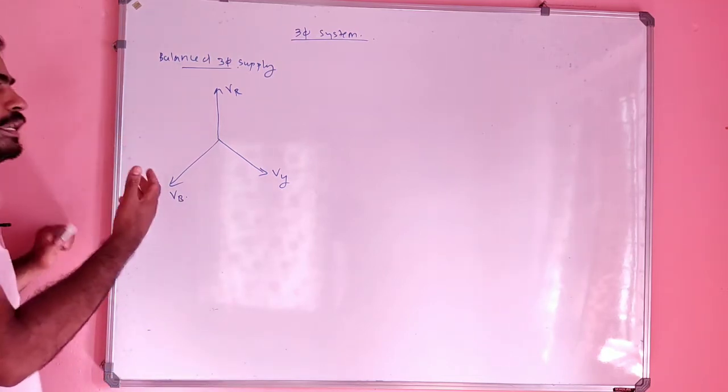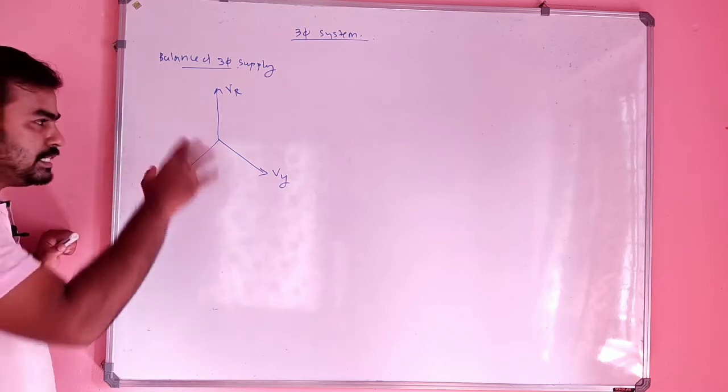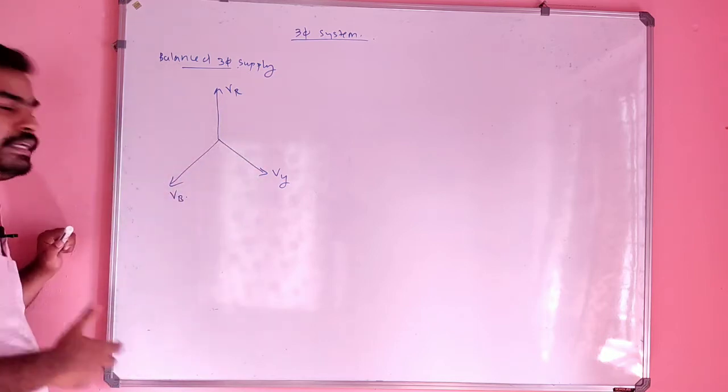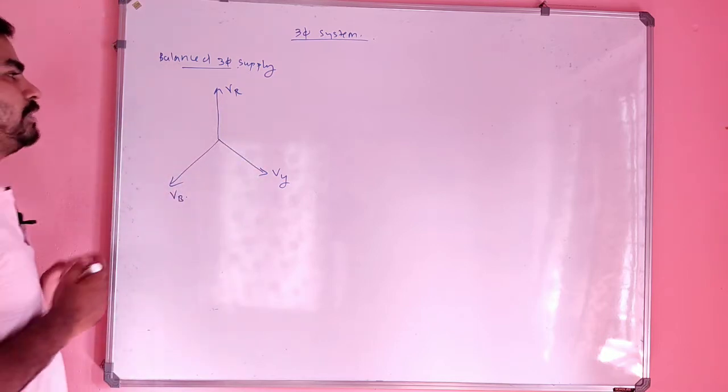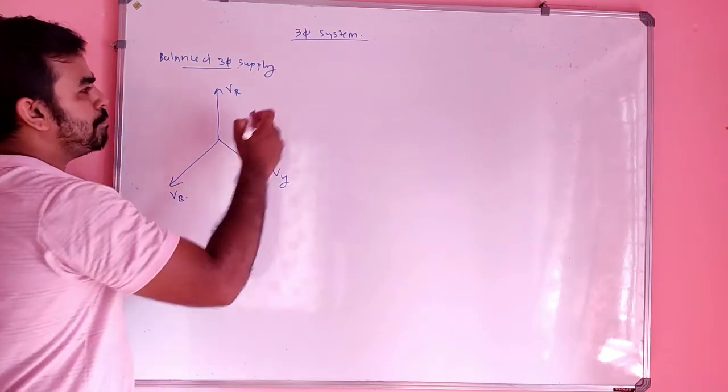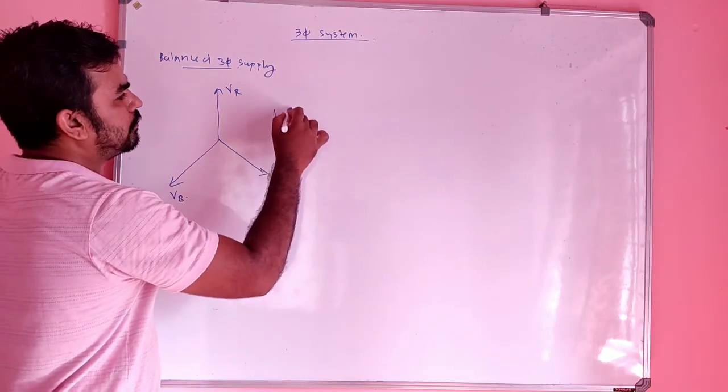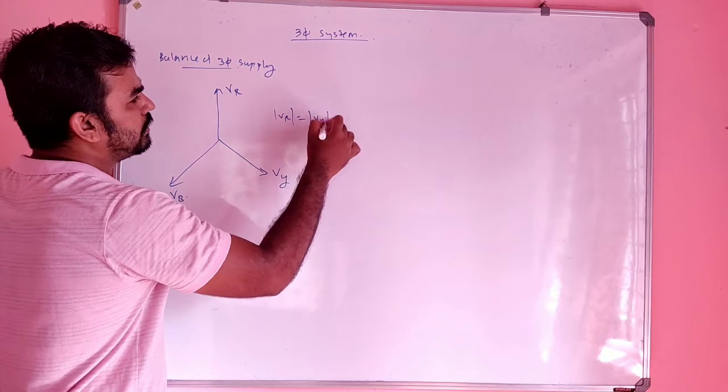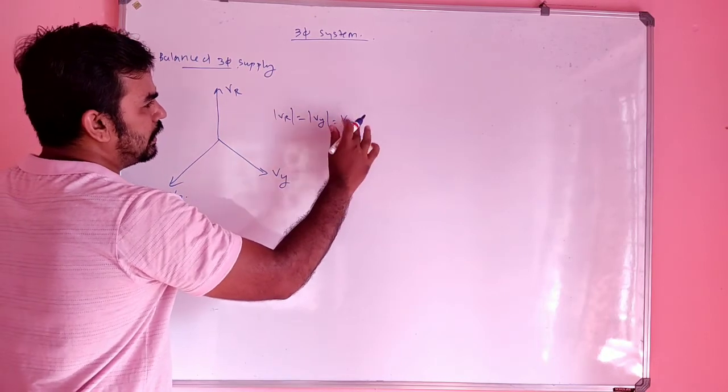If it is said to be a balanced three-phase voltage, the condition is that the magnitude of VR will be equal to the magnitude of VY, equal to the magnitude of VB.